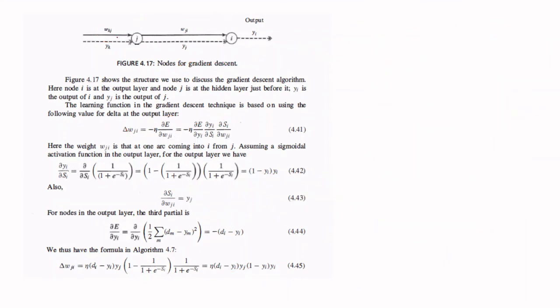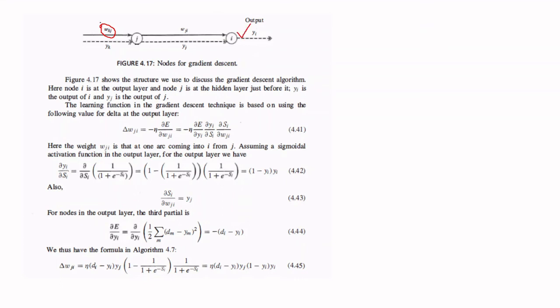When we consider how Wkj can be changed, in the earlier case, for dou E by dou Yi, we were considering changing Wgi, and the change in Wgi only depends on the error component at Yi.